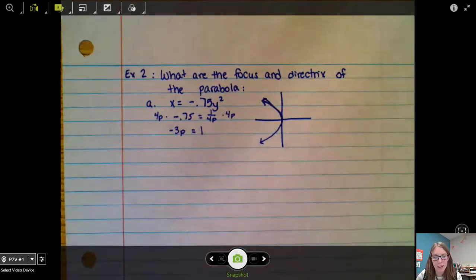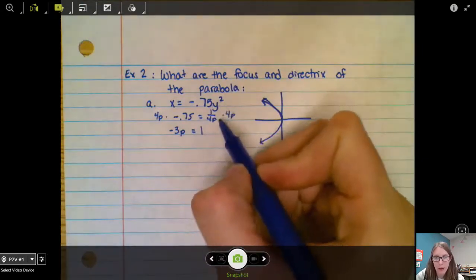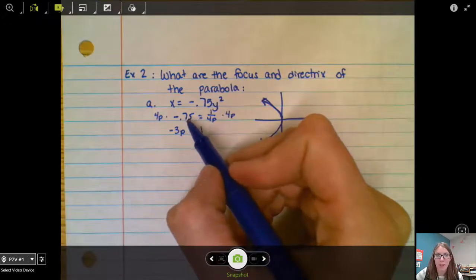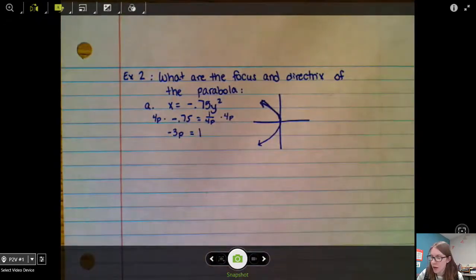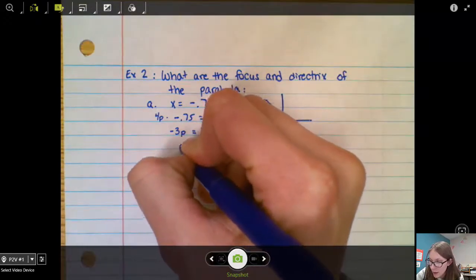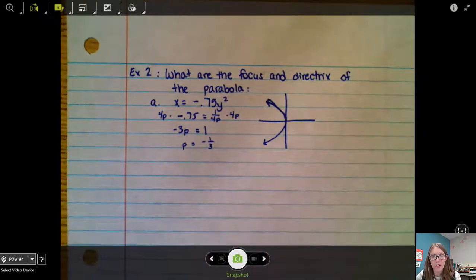Negative 3p is going to equal 1, because when I multiply this right side by 4p, those p's cancel out. Again, negative 0.75 times 4 is negative 3. Well, to get p by itself, this looks a lot easier already. We divide both sides by negative 3. P is negative 1/3.